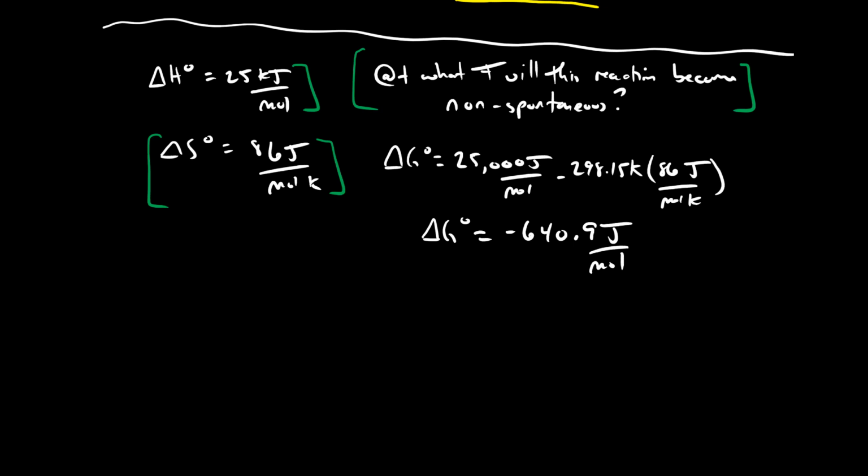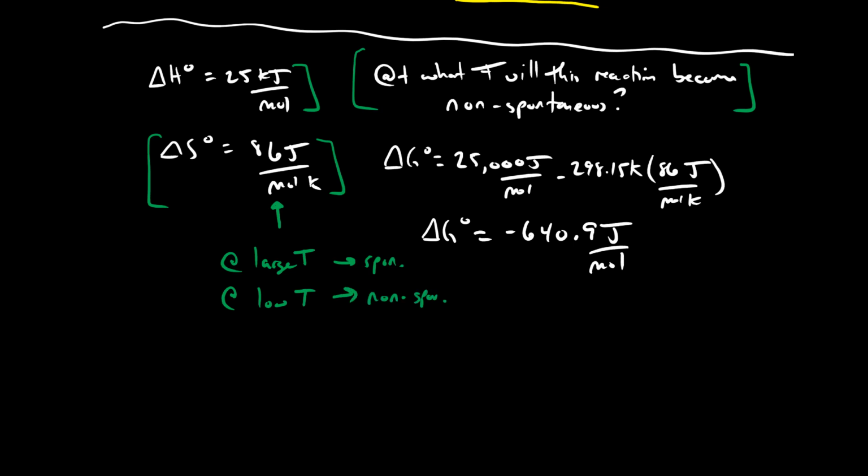So increasing the temperature will increase the contribution from our favorable entropy. So at high temperatures, so at large T, we expect this to be spontaneous. At low temperature, we expect this to be non-spontaneous.